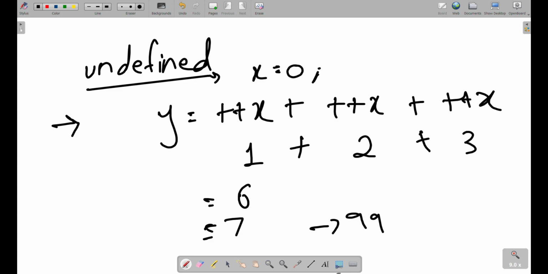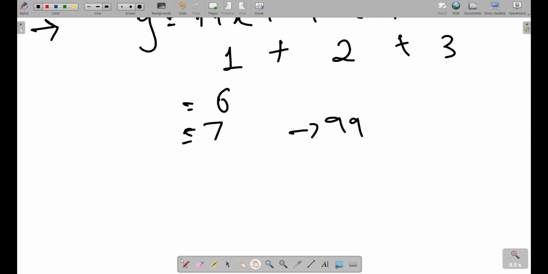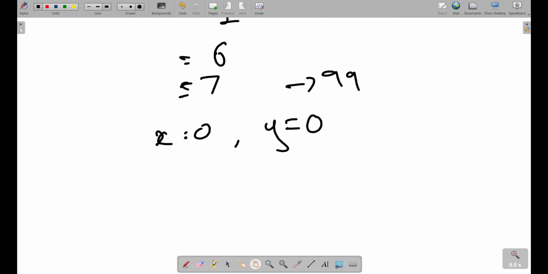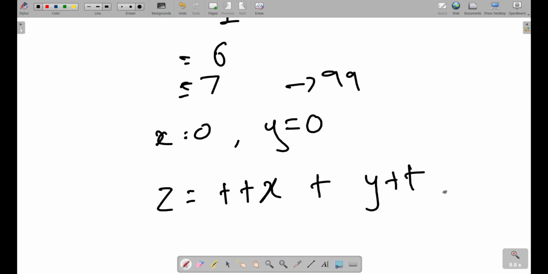So what does the documentation of C and C++ say? If you write expressions consisting of multiple unary operators dealing with the same variable, then you might get an output of undefined behavior. But whereas if x is 0 and y is 0, you can very well write an expression z equals ++x + y++.